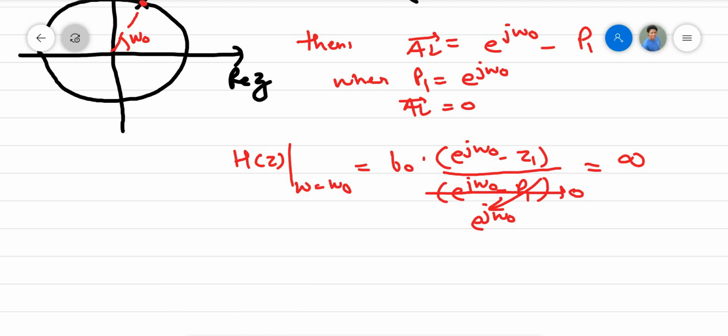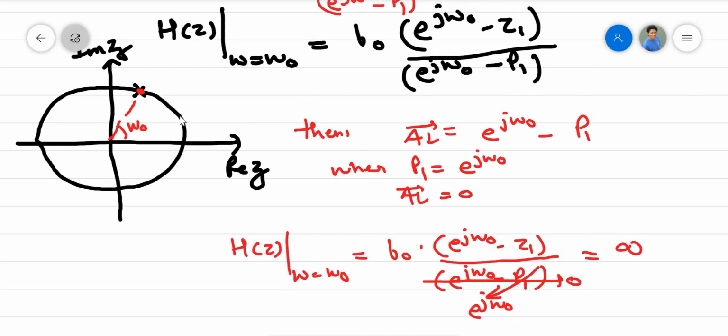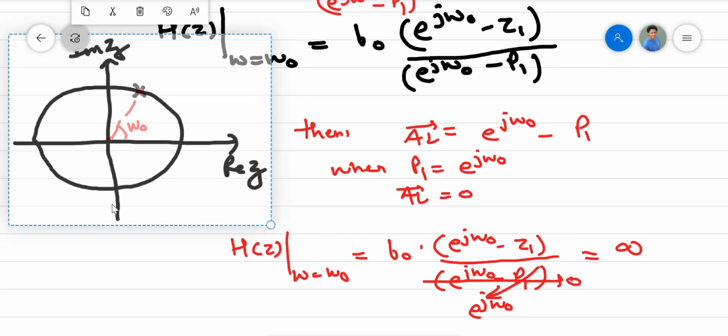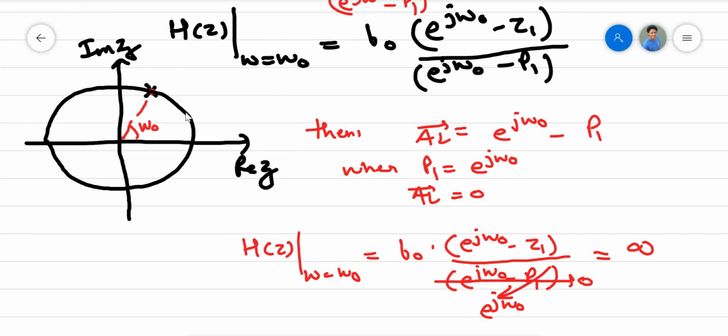Another conclusion we want to draw is for the zero part. Let's say there is a zero at this particular frequency, and we say this frequency is omega 1.